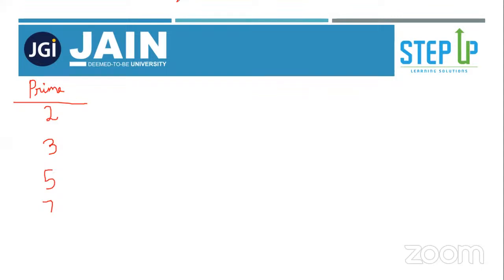No, not exactly. 1 is not a prime number because a prime number means it should have exactly two factors. If I say prime number, exactly 2 factors should be there.